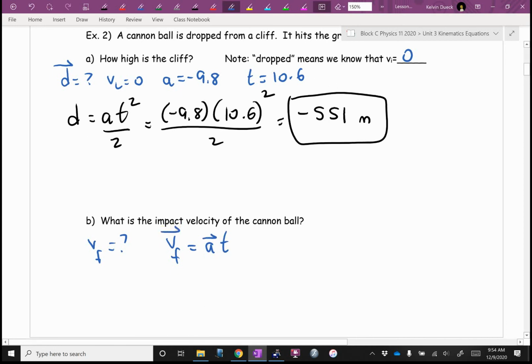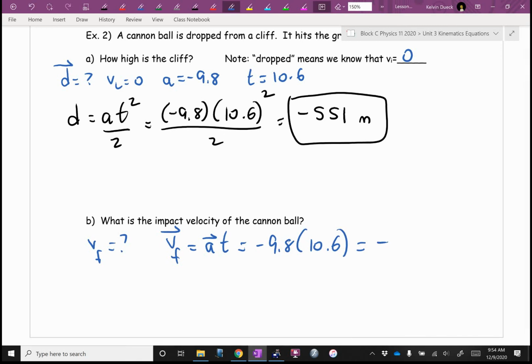Which, by the way, if you're standing on a cliff in the wilderness somewhere, Donald, and you want to know how fast the rock hits the ground, approximately, time it and multiply by 10, you're pretty close to figuring out how fast it hit the ground at. Negative 9.8 times 10.6. What's the significance of the negative? Which way is the rock traveling when it hits the ground? Down.